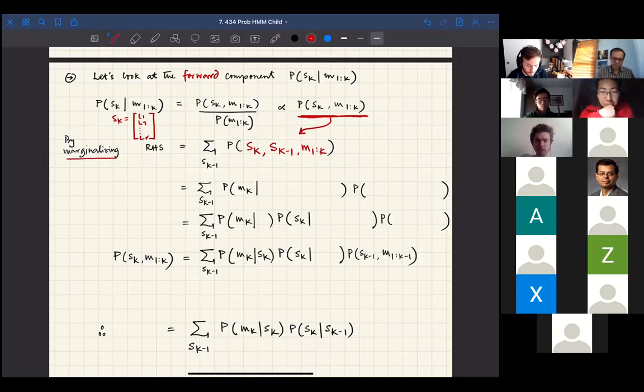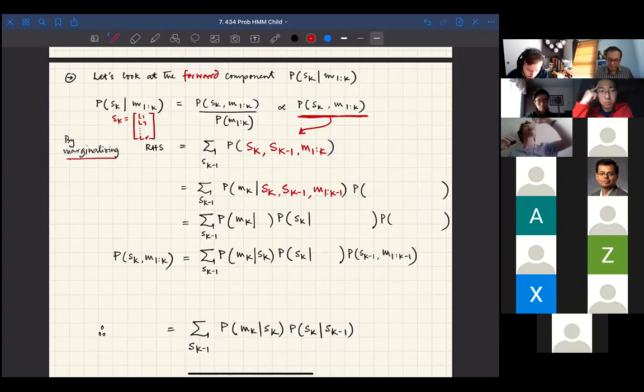Very good. Now, what I do is I separate out M_k from here, and I write M_k given s_k, s_{k-1}, m_1 through k-1. I just took M_k out and now I conditioned on the rest of it.